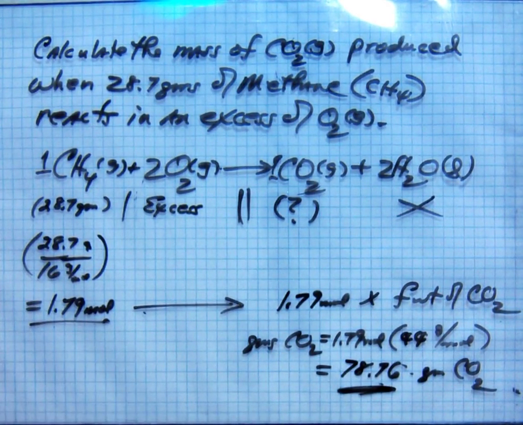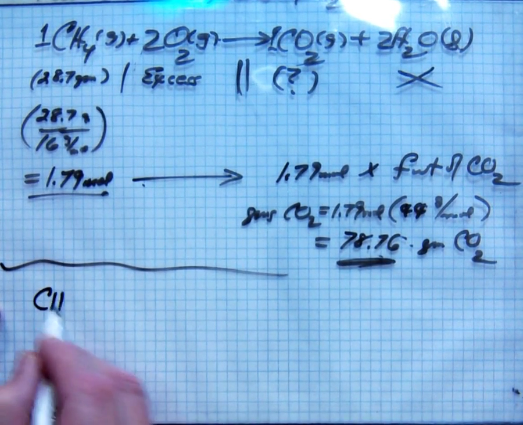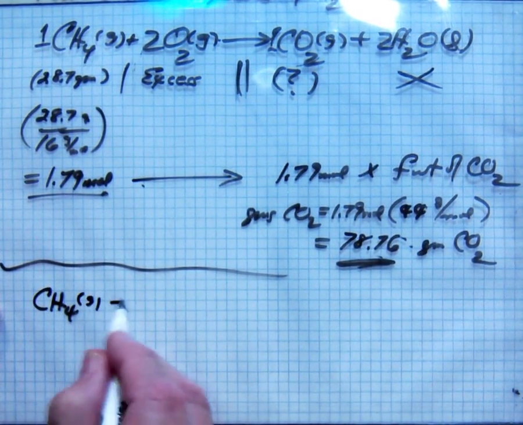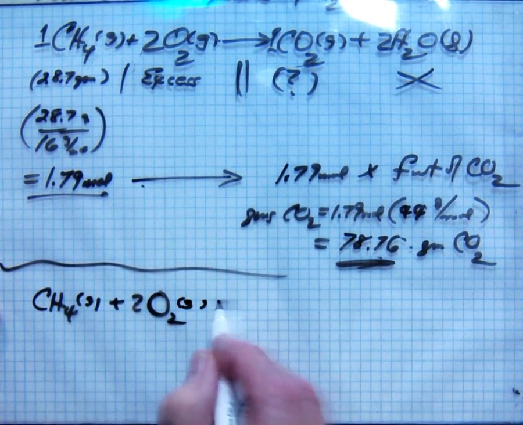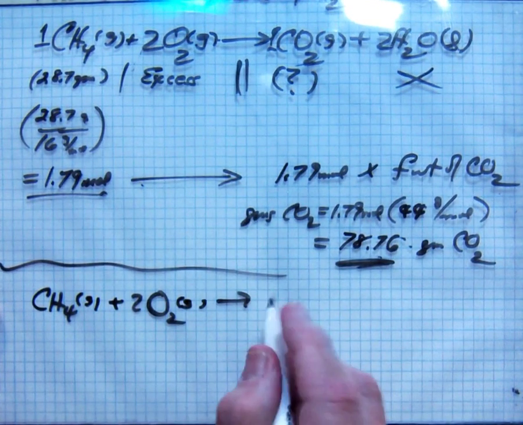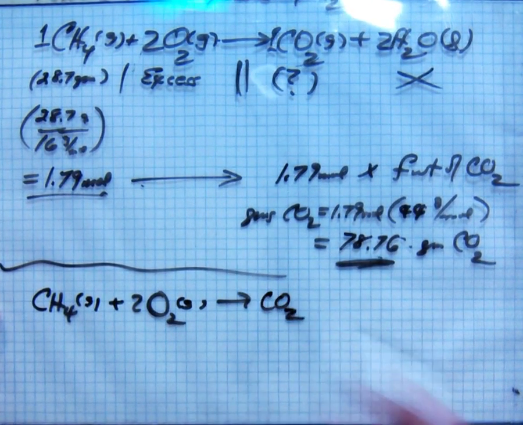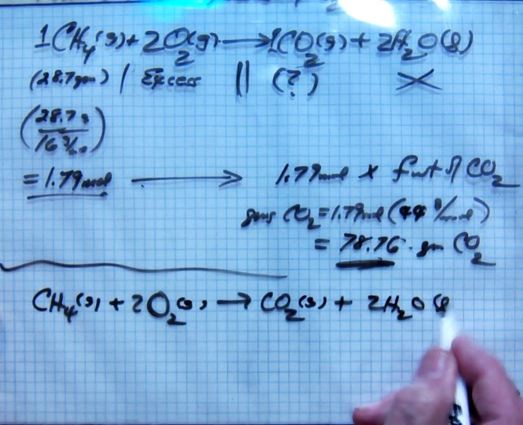So let me show you something here. Visualizing this, let me bring it up to the equation here. Let's rewrite it: CH4 grams plus 2 O2 grams goes to 1 CO2 grams plus 2 H2O liquid.